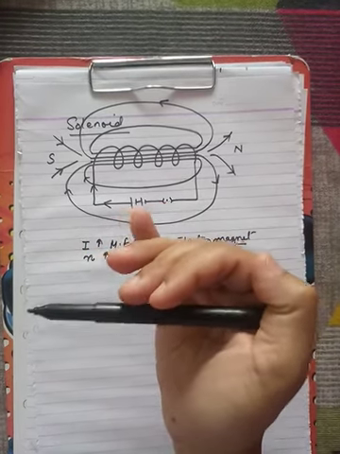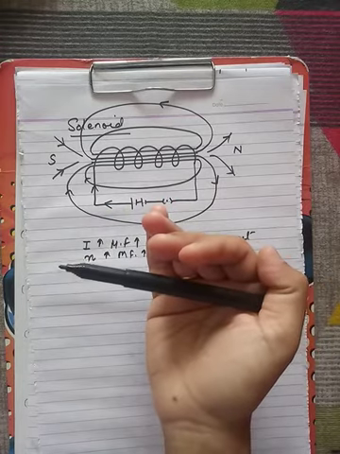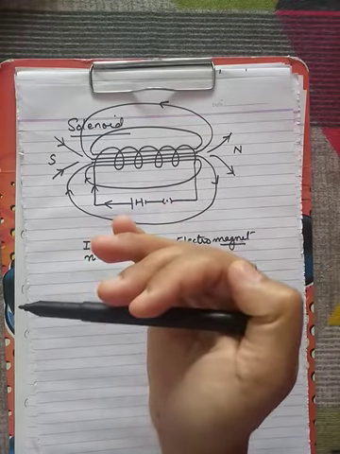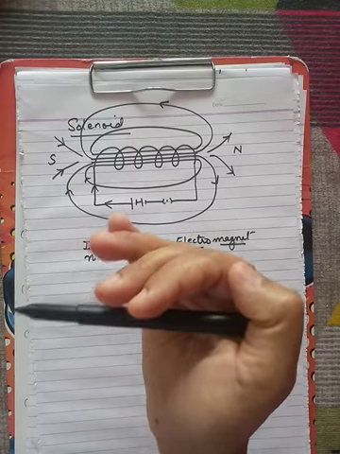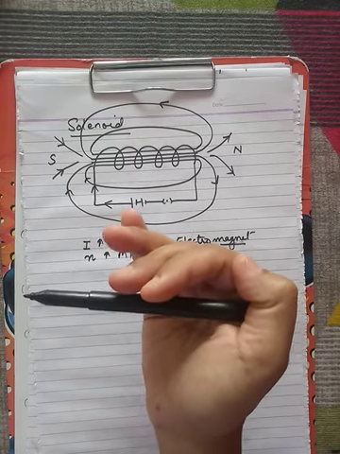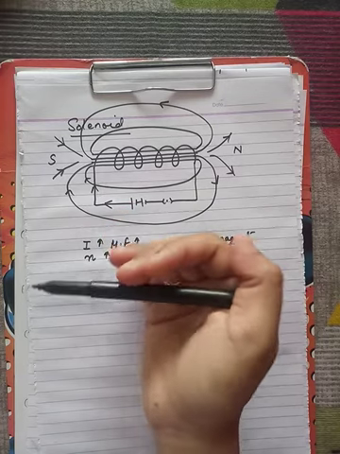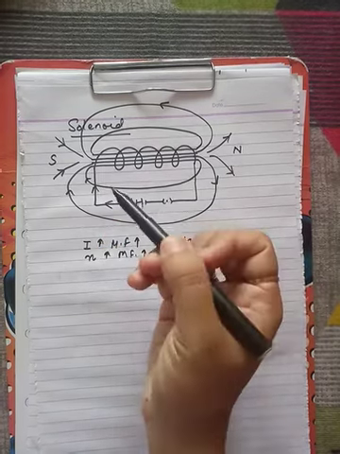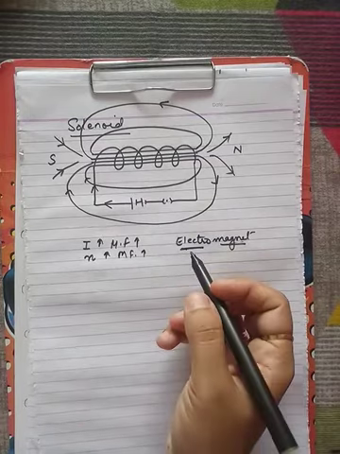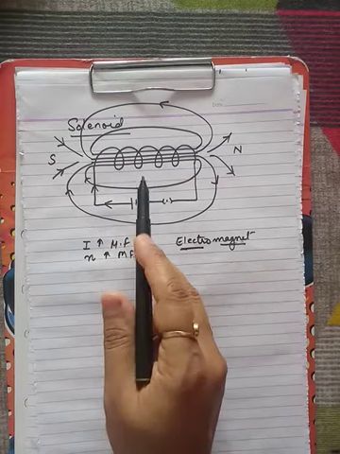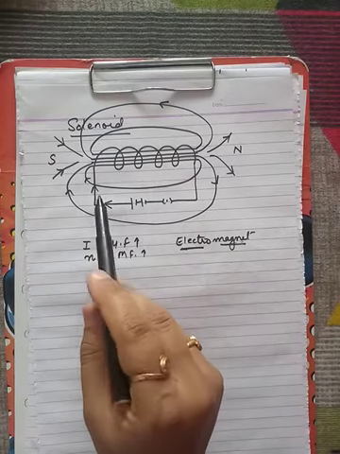Okay, that means it will be a hollow cylinder kind of thing. So in that hollow shape, if I place a piece of magnetic material like soft iron, then it will be magnetized.